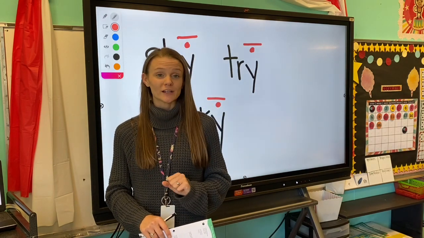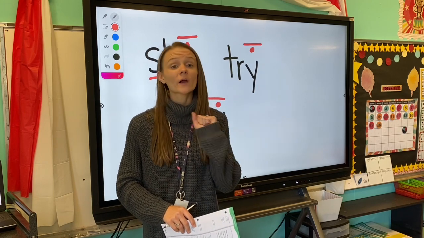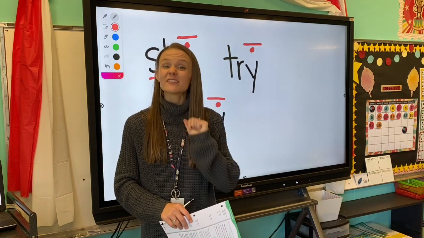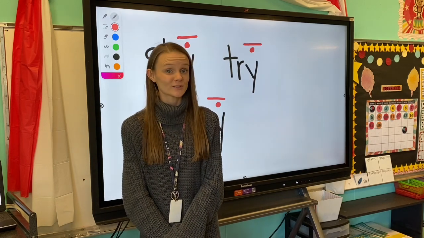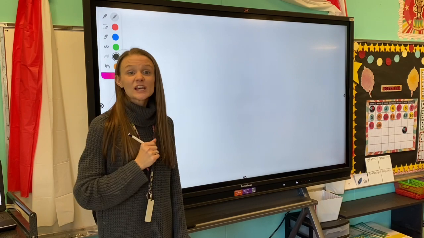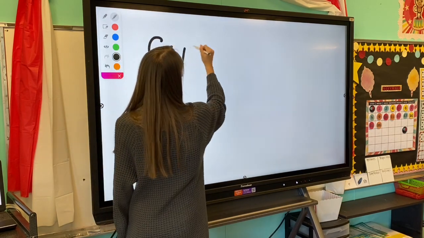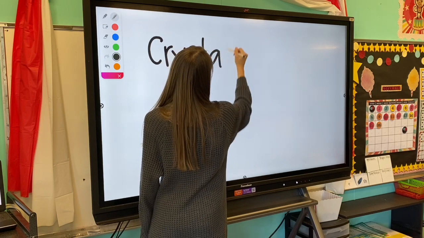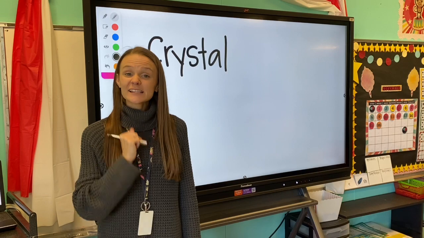Listen to these words and tell me if Y is acting as a vowel or a consonant. Remember, if it's acting as a consonant, it's going to be making the Y sound. So the first word that I'm writing is crystal. Crystal has a Y in it. Listen for the sound.